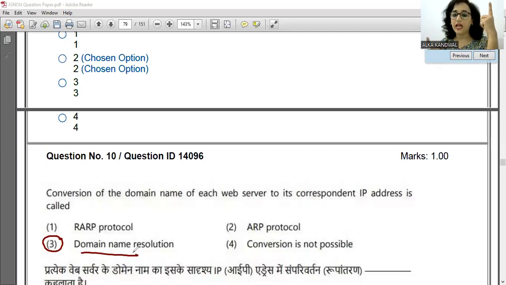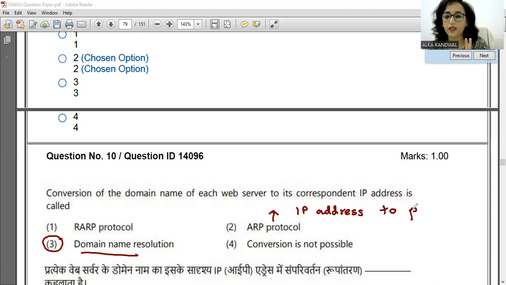अब जैसे कि यहाँ पे दो चीज और दे रखे हैं, ARP प्रोटोकॉल एंड RARP प्रोटोकॉल. तो आप हमेशा याद रखना ARP प्रोटोकॉल क्या करता है, it maps the IP address to the physical address, and RARP रिवर्स एड्रेस रिजोल्यूशन प्रोटोकॉल होता है. ARP क्या होता है, एड्रेस रिजोल्यूशन प्रोटोकॉल.